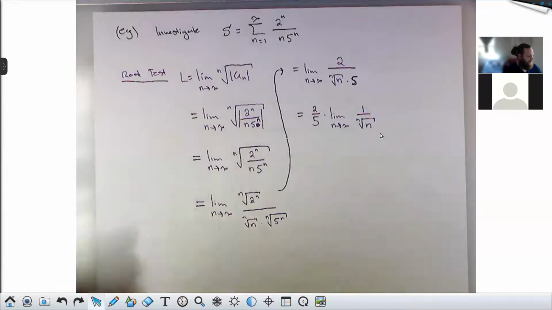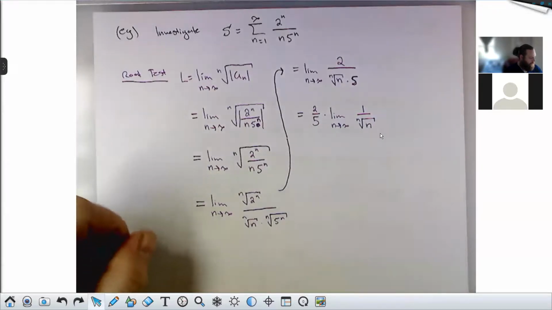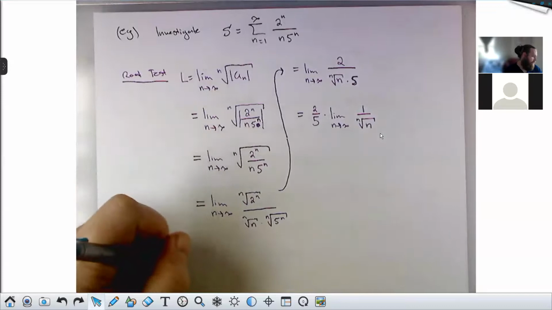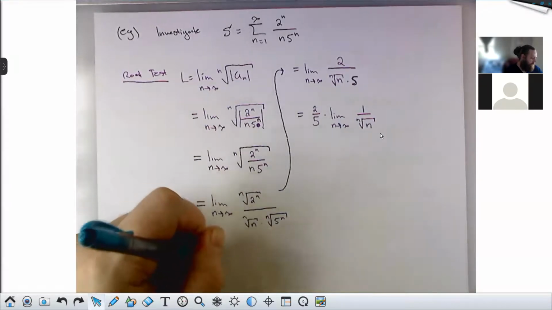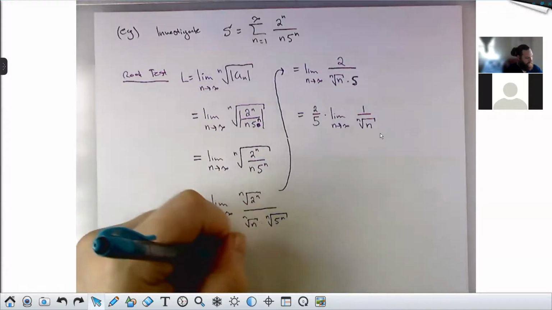So down here, I'd like to ask you, what is the limit as n goes to infinity of just the nth root of n? What is that equal to?